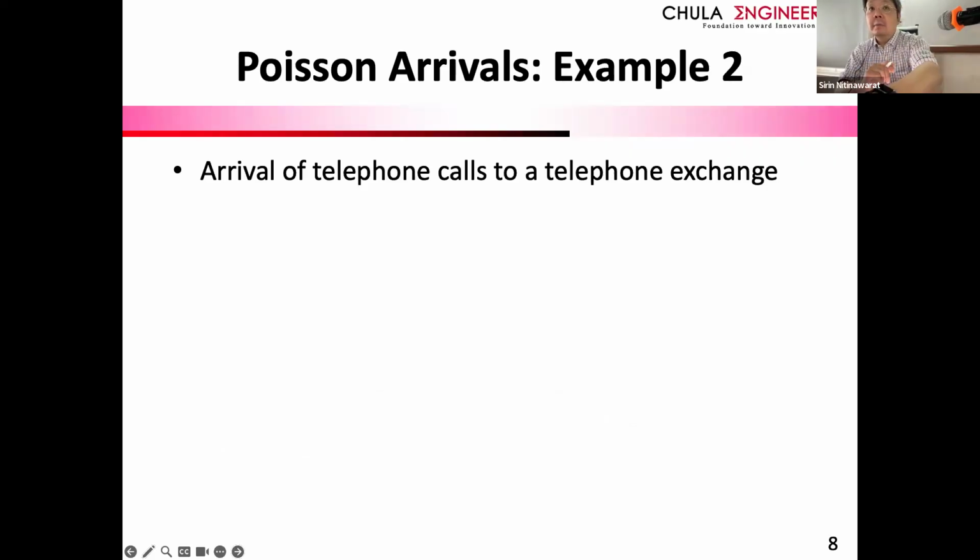Okay, another feasible example to model the arrival process as Poisson is something like a call center, right? Because there could be so many calls coming in from a potentially very large pool of customers.